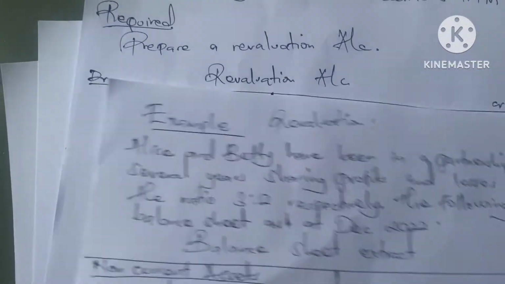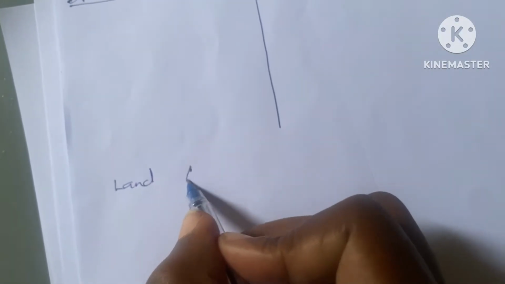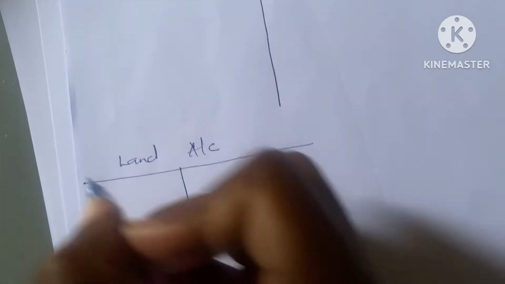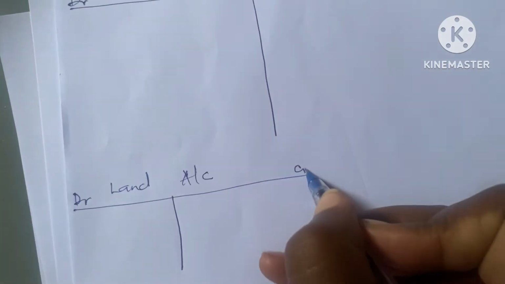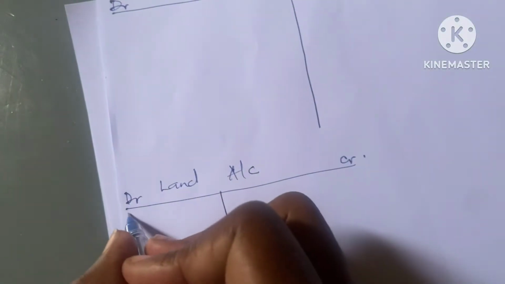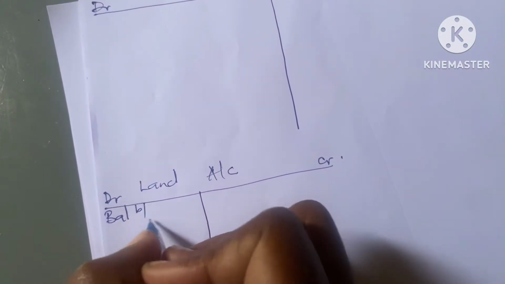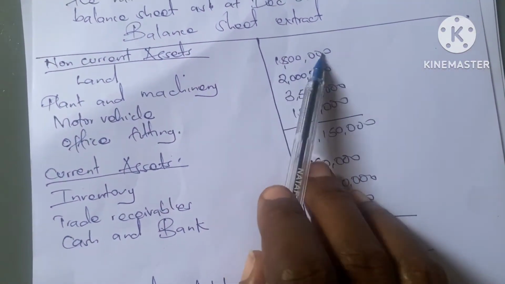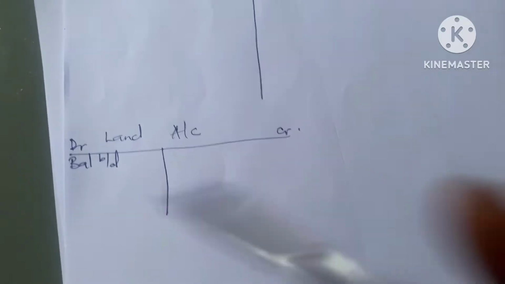So we are going to prepare the land account. So land account. We debit and then we credit. So we shall have the balance brought down of 1.8, this one. So 1.8.